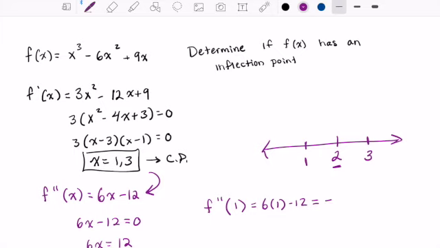That's obviously going to give us negative 6, which means that when f double prime of a number is less than 0, we are concave down. So we have a local max here.